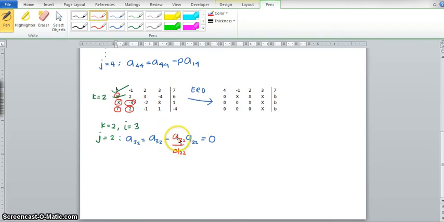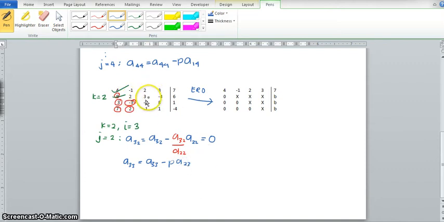So this one is P. By using the same P, we can get A33 equals to A33 minus P times A23.